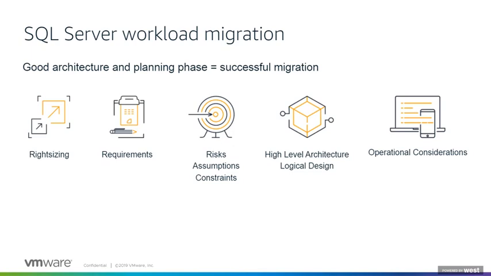And last but not least, it's your operational considerations, because after creating hybrid cloud and moving your SQL Server workload, the operational phase will be where you are spending most of your time, and we will cover these operational considerations in a later slide.